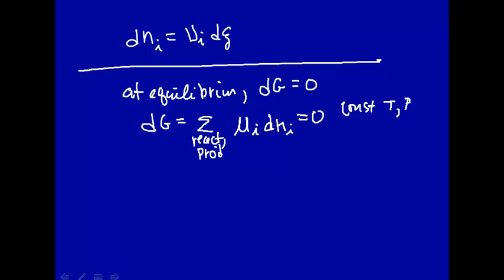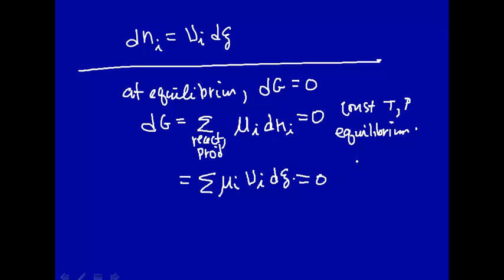That is equal to 0 at equilibrium. Let's make this handy substitution here. So now we can replace the changing variables with just a single one, so we don't have to worry about dn. So this is just equal to the sum of mu sub i, nu sub i, the stoichiometric coefficient, d xi. And that is equal to 0 at equilibrium.